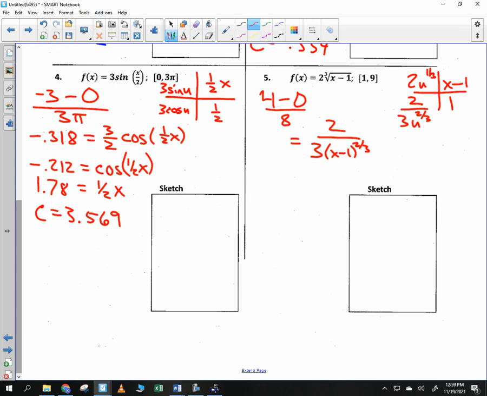How are you going to solve that? Sure, cross multiply, that's fine. 4 equals 3 times x minus 1 to the 2/3. Now what? Divide by 3. 4 over 3 is equal to x minus 1 raised to the 2/3 power. How do I get rid of the 2/3 power?